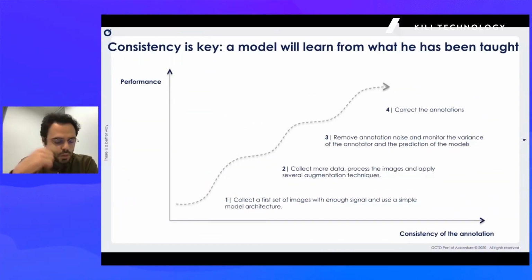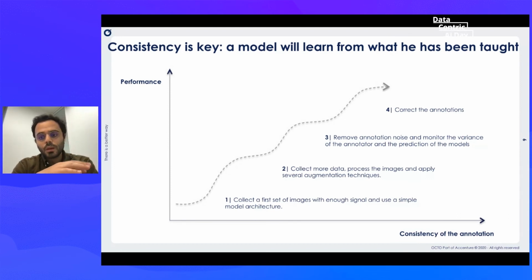Then you iterate once again, remove the annotation noise, and monitor the variance between the annotators. Kili also has a feature for that, called consensus. You can check the consensus between the different annotators.